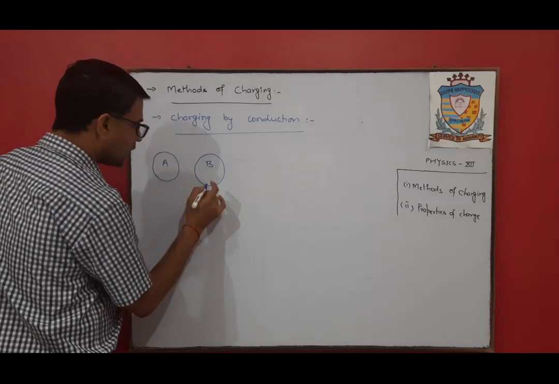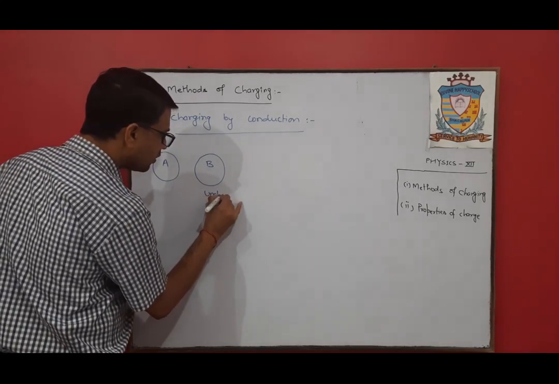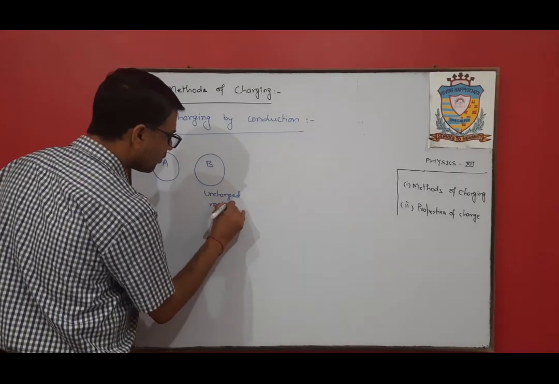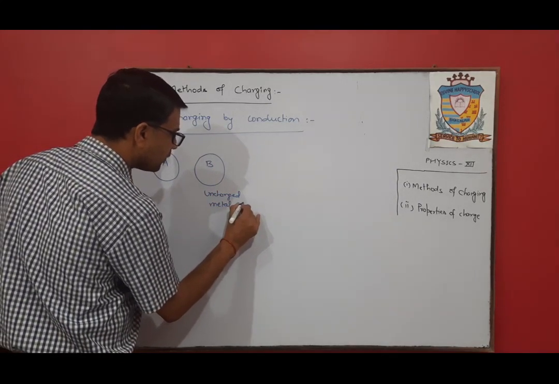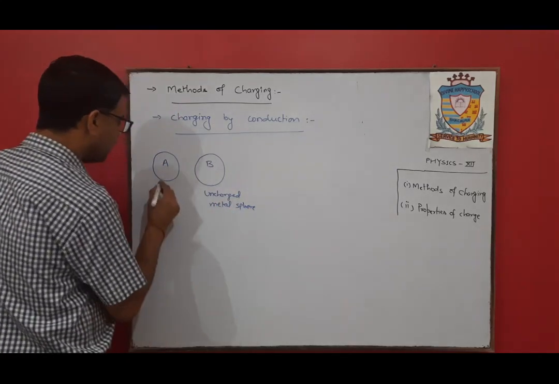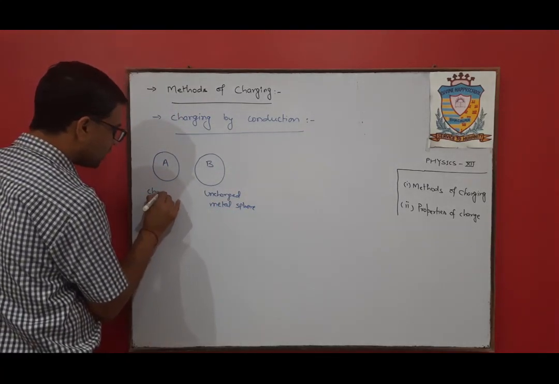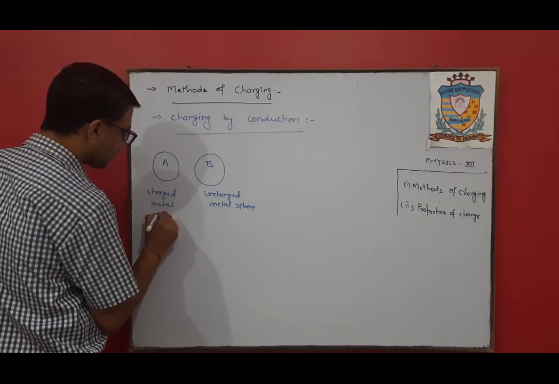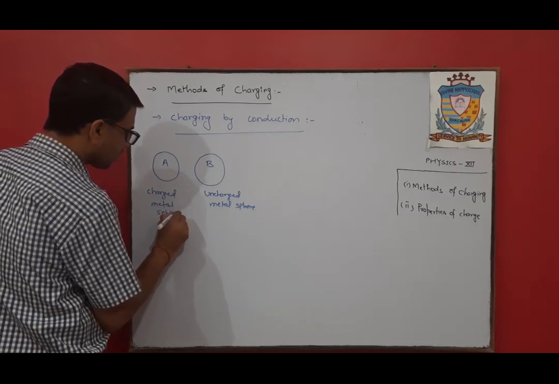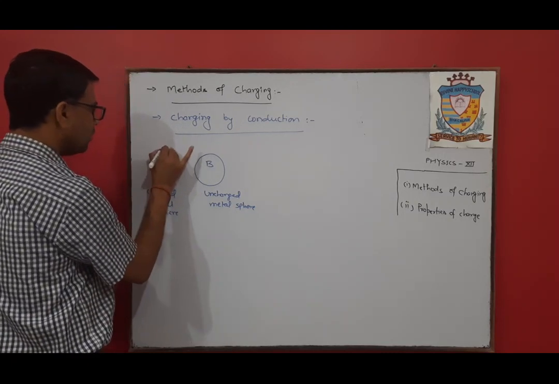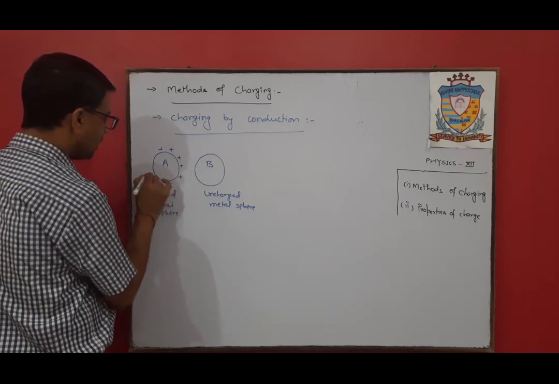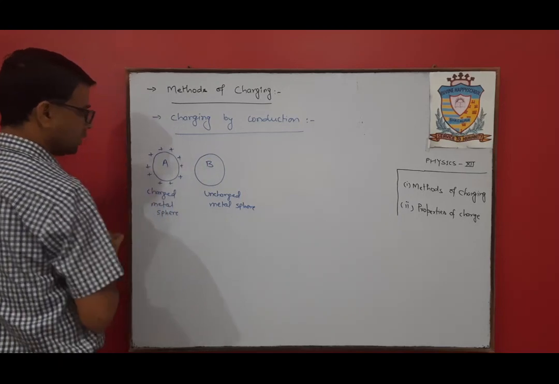One is an uncharged metal sphere and another one is a charged metal sphere. Okay, so suppose A is positively charged.